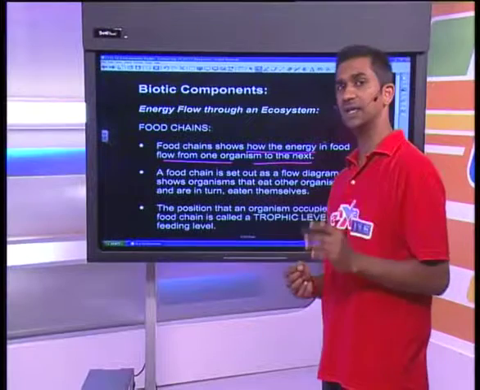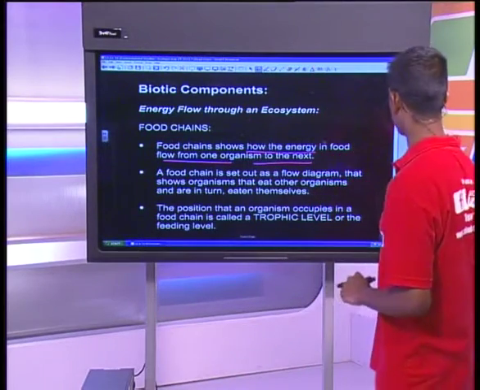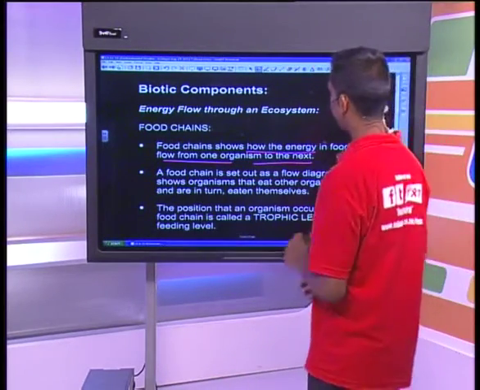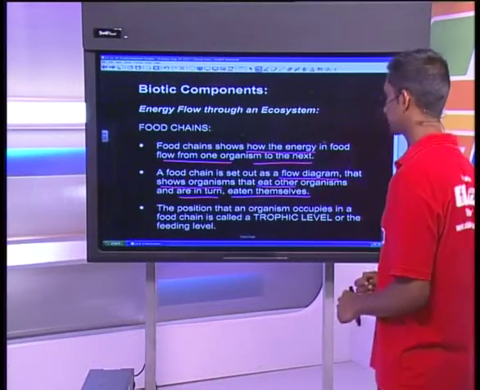It shows us how the energy is passed on from one organism to the next. If we look at a food chain, it is a set of flow diagrams that shows organisms eating other organisms and in turn being eaten by themselves. And that is how energy is passed on from one level to the next.